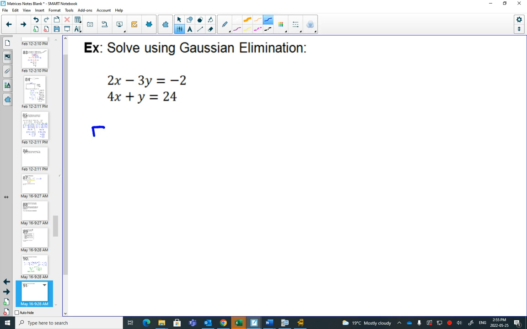So again, we can set up our augmented matrix 2, negative 3, negative 2, 4, 1, and 24.